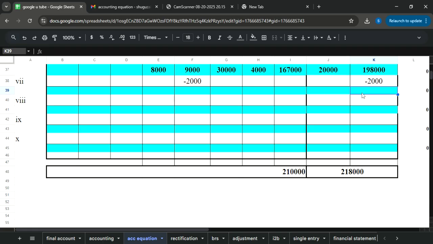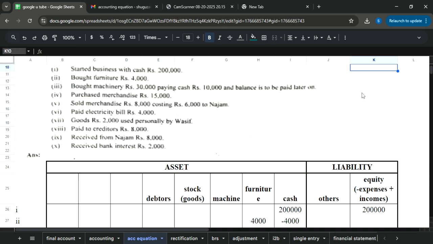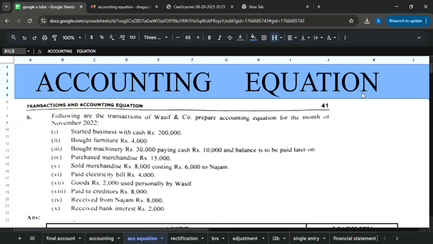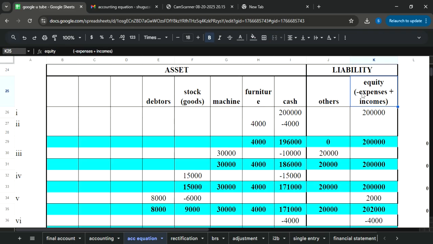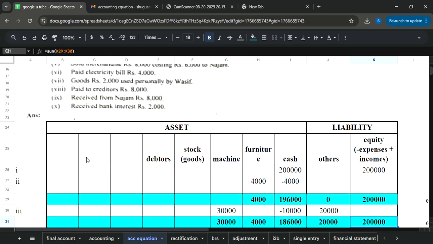So guys, in this way our entry is completed. After completing each entry, we are supposed to calculate our total. Over here we will see entries. So this was your entry number 7.